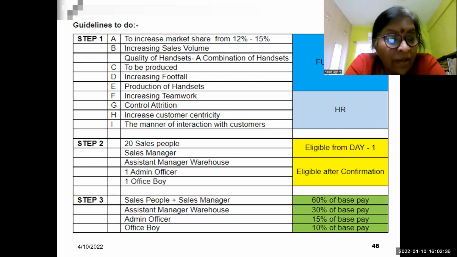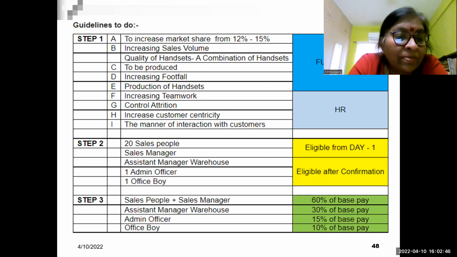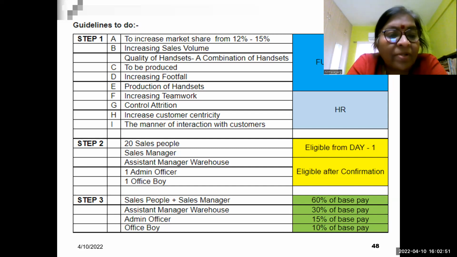This sales team tends to sell more of the branded goods and less of the non-branded, because branded is easy to sell. They don't have teamwork. Then there are some great salespeople whom you have to retain, because during the non-seasonal period, when there are no festivals, there is obviously no variable pay.